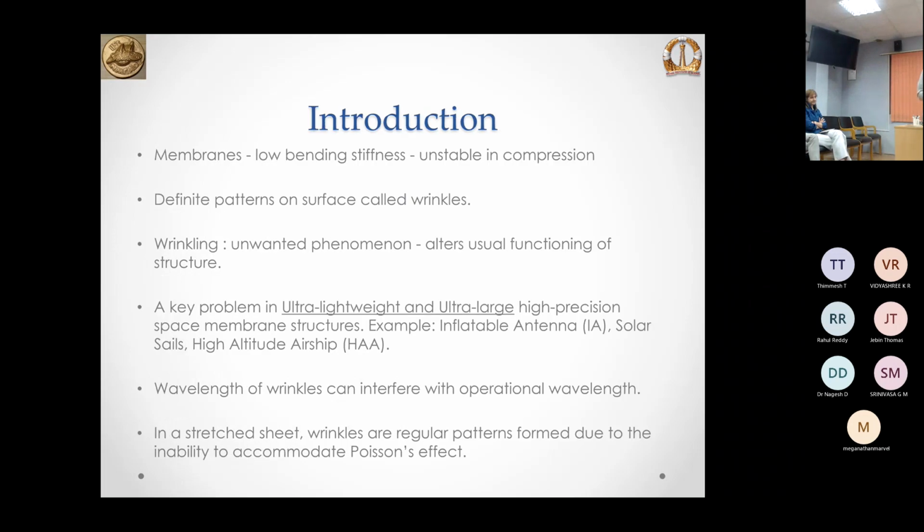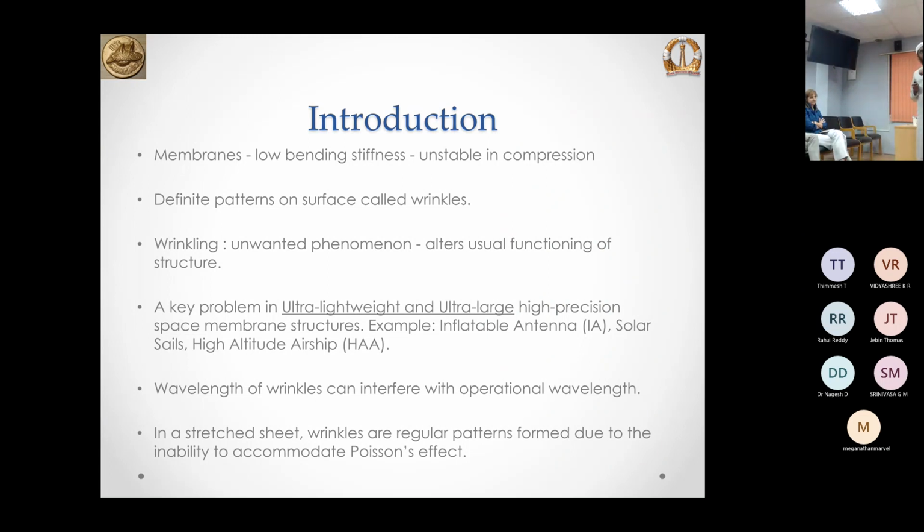Membranes are very unstable in compression because they have a very weak flexural modulus. So they form patterns on the surface called wrinkles when they undergo loading. Many times wrinkles are an unwanted phenomenon because they alter the usual functioning of the structure.